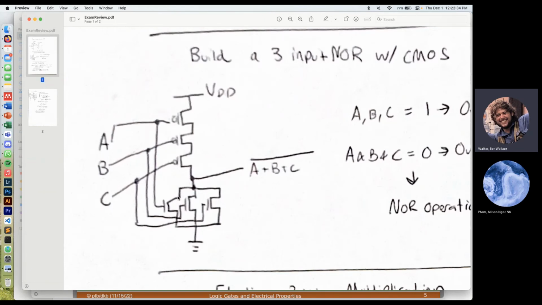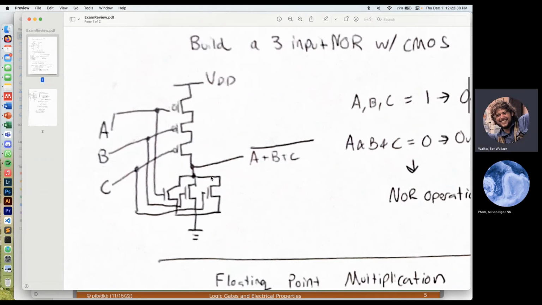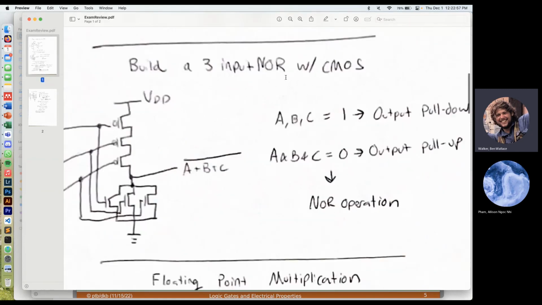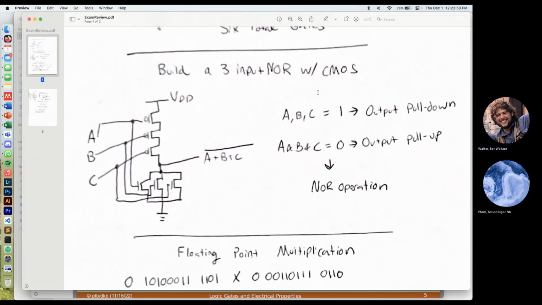Likewise, we use our NMOS to figure out when we need to pull down. We're going to pull down anytime A or B or C is 1. So anytime A, B, or C is 1, the output is going to be 0, and anytime all of them are 0, the output's going to be 1. So that's how you do the 3-input NOR with CMOS.